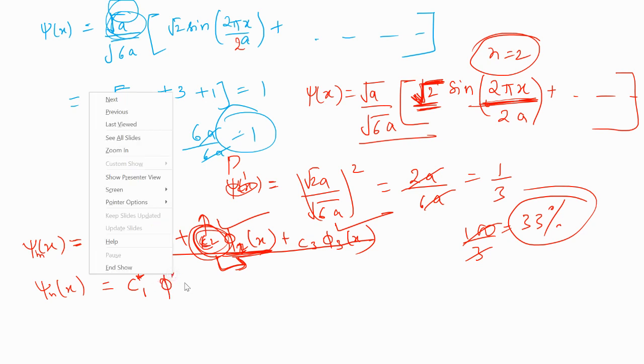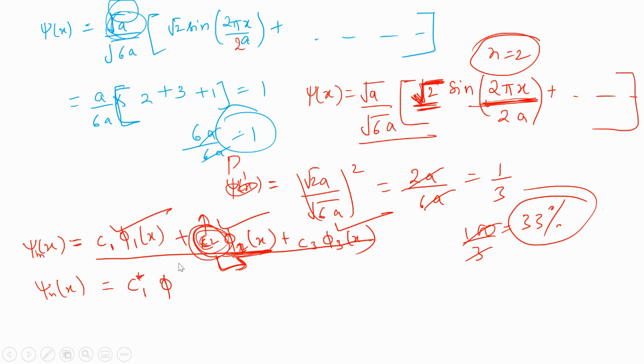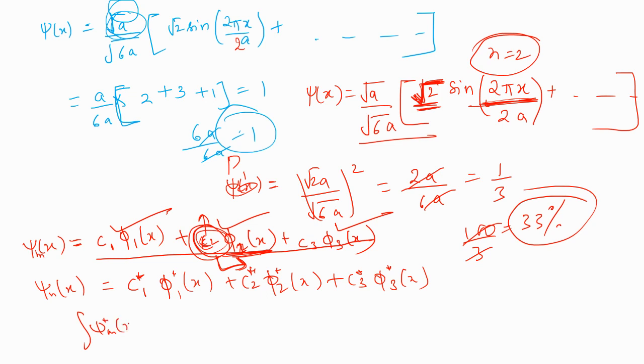Same way, phi 2, c3 square, phi 3 square, right? So phi n x is equals to summation of c m phi m. I'm just doing the summation of it.